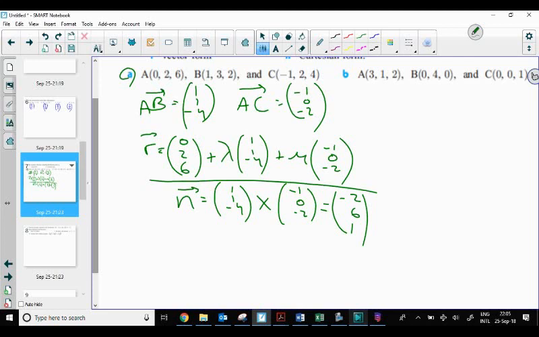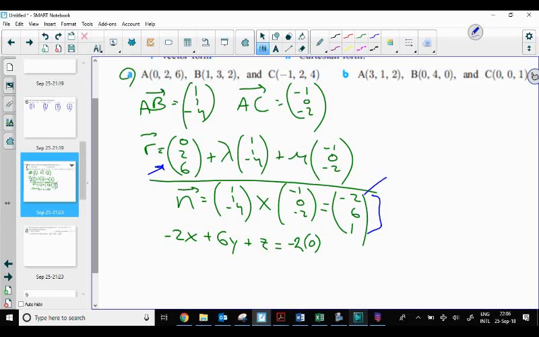Now, that being the normal, that tells me that my Cartesian equation starts off as -2x plus 6y plus 1z equals, over here I have a constant. And if you look back at the previous slides, they were products of these three values with our three values from our known point.